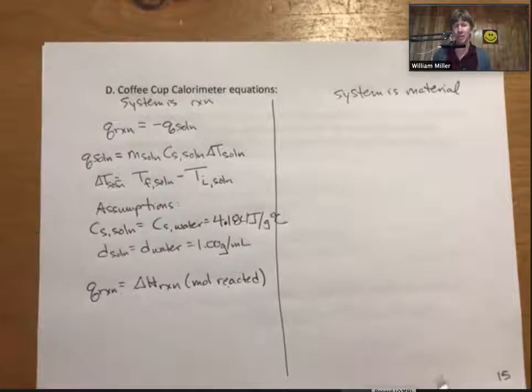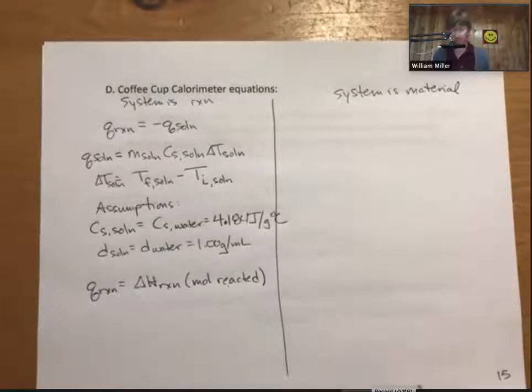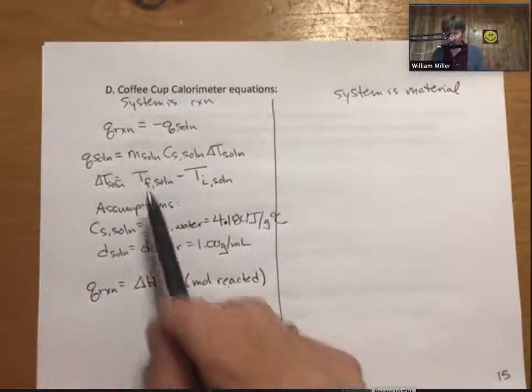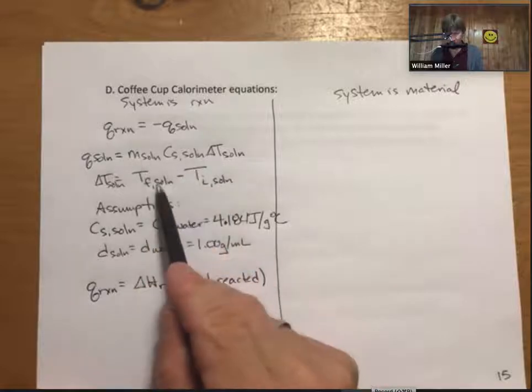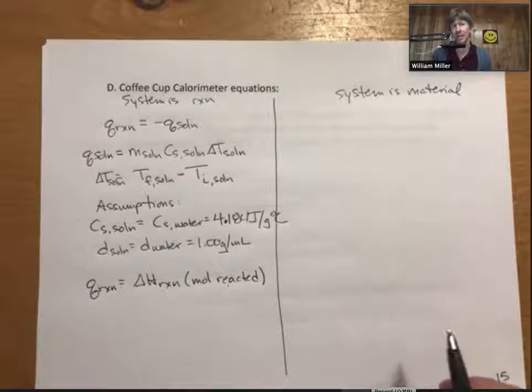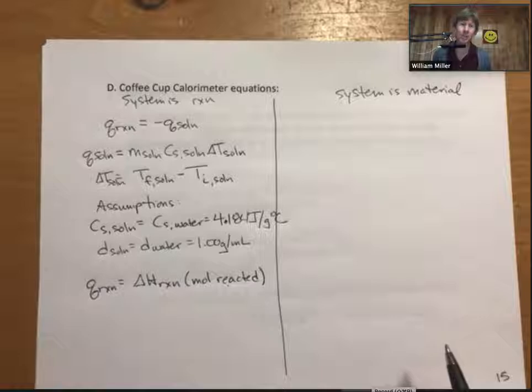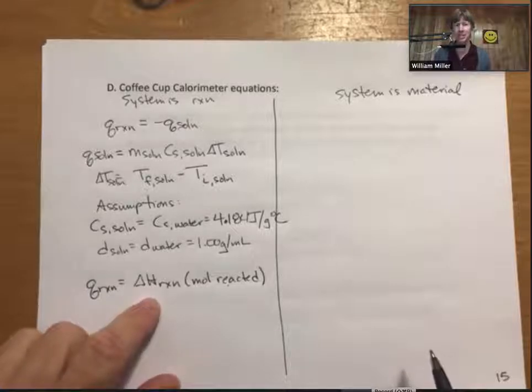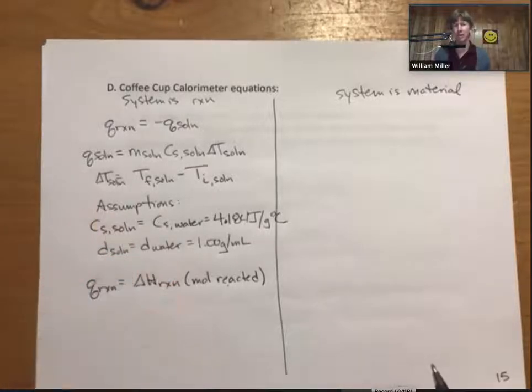We saw that coefficients matter in their relationship to delta H. If it comes up for us, I'll let you know. All right, and the way that you solve problems is there are 1, 2, 3, 4, 5, 6 different things that you need to know. And of course, in typical Chem 1010 fashion, we'll give you the information for 5 of them, and you'll have to solve for the last one. The last one mostly being delta H reaction that you'll have to find. Anyway, we'll do some problems coming up, but this is the overall setup.